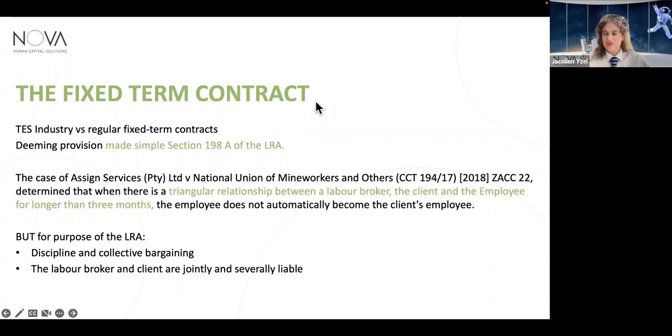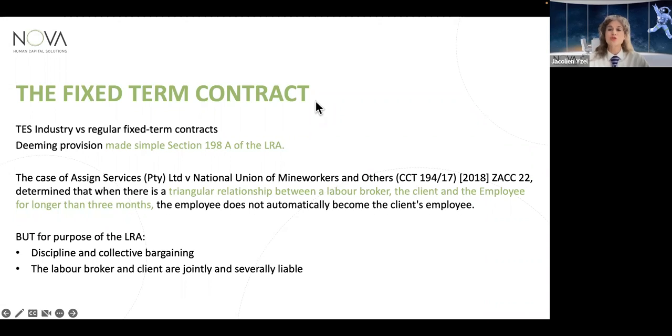But there's no such thing as now, after 3 months, the employee can demand to be a permanent employee of the client. This is not what it means. The implications for an employer is, if your labor broker is unethical, or if you are the labor broker and the client does not abide by the law, and there's a dispute and it gets referred to a bargaining council, the employee can cite 2 respondents, the broker as well as the client.